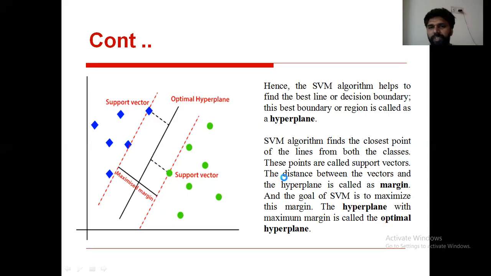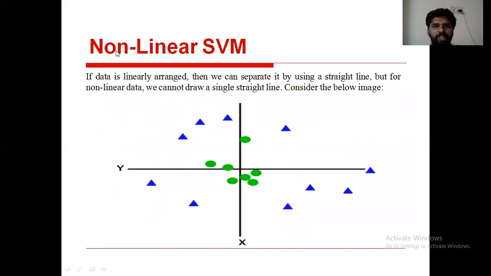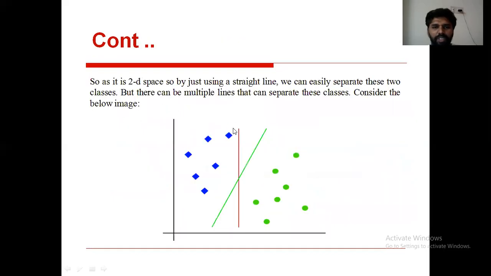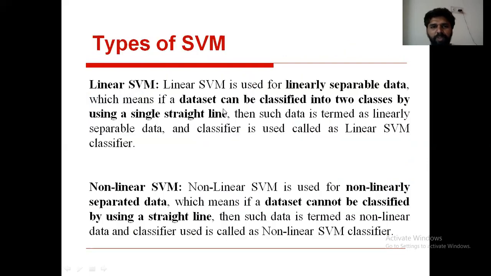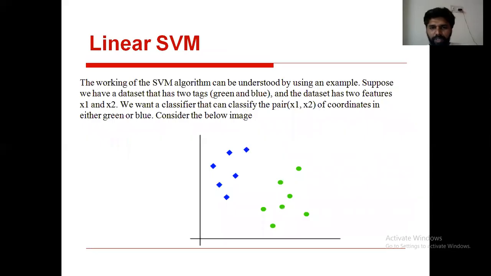Support vector machine. Till now, we discussed the linear support vector machine. In a linear support vector machine, the data is linearly separable. Here the data is divided into classes by using straight lines. Observe this.